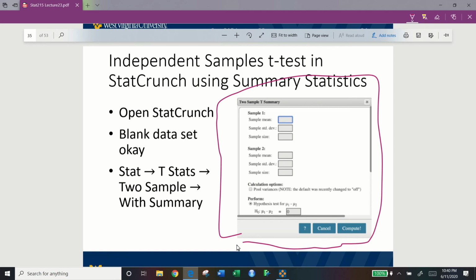You just need to plug in the correct information for the first sample and the correct information for sample 2. Be careful. A lot of times problems give you your sample size first and then the sample mean. So just make sure you're reading carefully because sometimes it's just habitual to write the first number you read first and so on. Also be sure that you check the pooled variance option when appropriate. So when you're told to assume the population variances are equal, you should go ahead and select the pooled variance option.